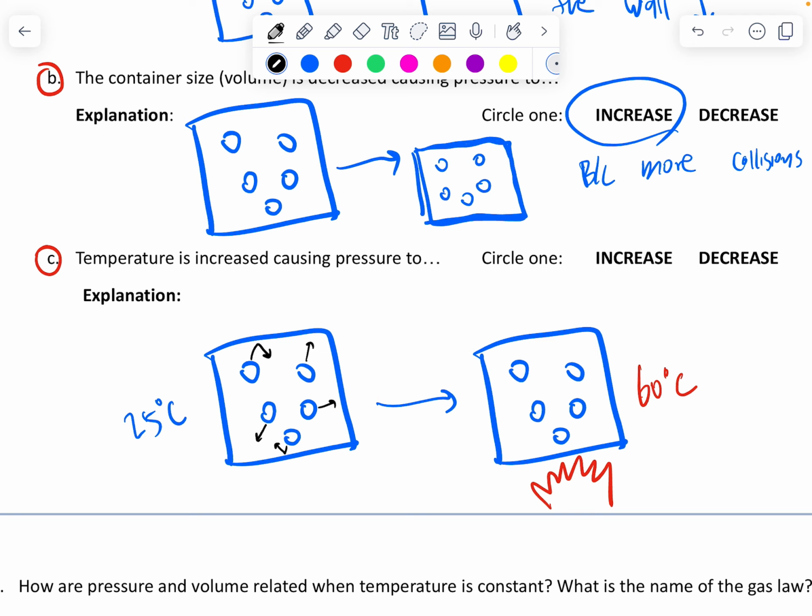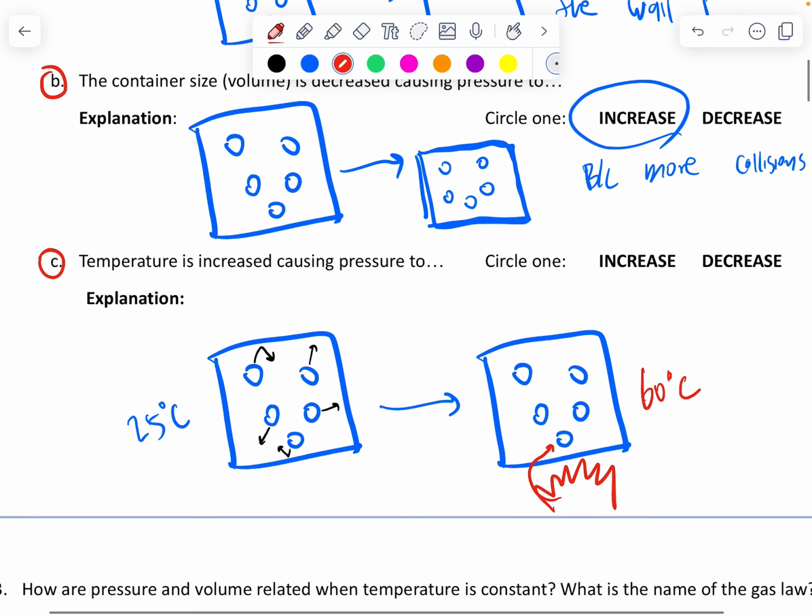But once I heat up the container, energy is going to be absorbed by these gas particles. And we know that if there's more energy, they're going to be moving a lot faster, right? So let's go ahead and represent our new arrows.